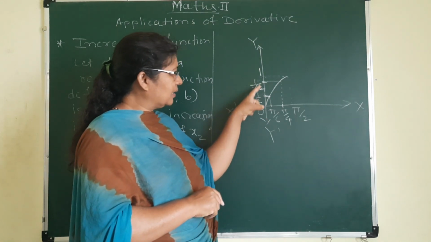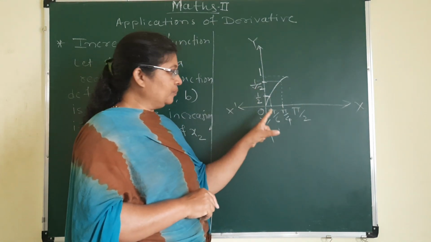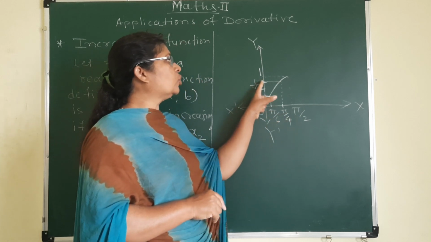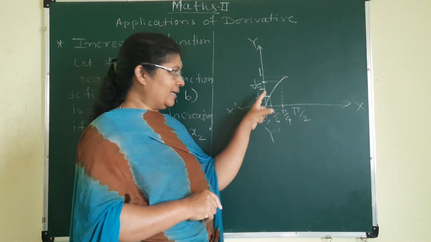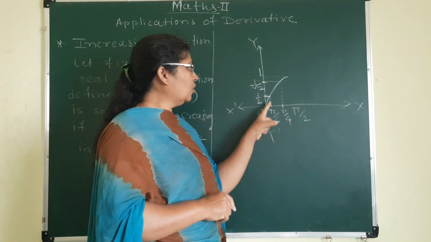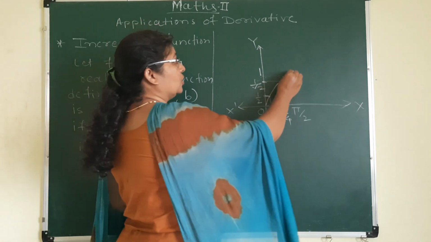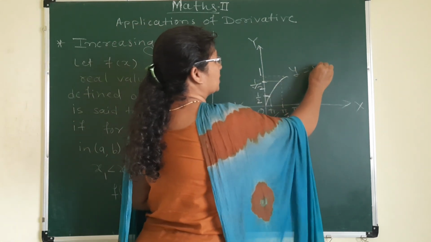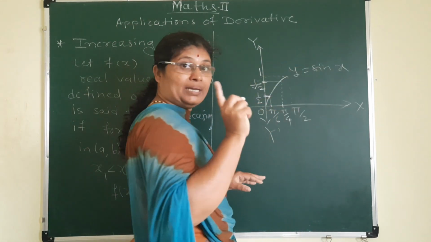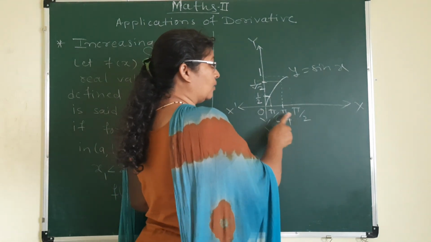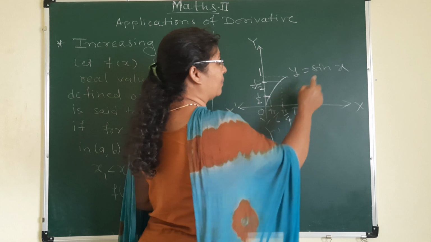Now here clearly you can observe this. As your x increases, your y also increases. So the function y is equal to sin x is increasing. But the interval is very important. I am considering the interval only 0 to pi by 2.